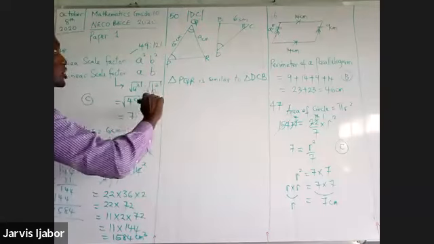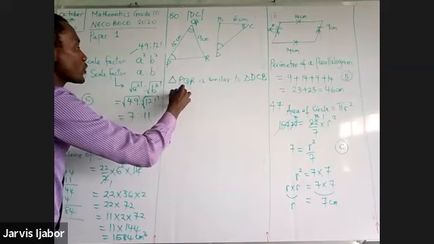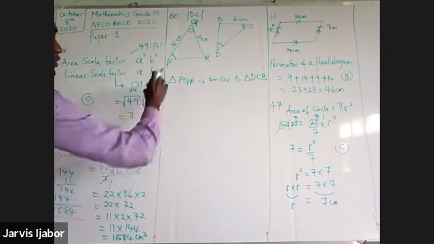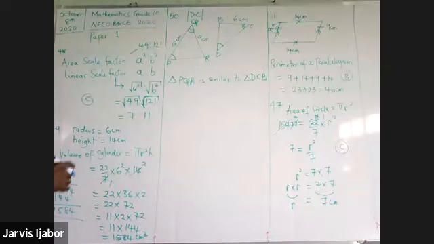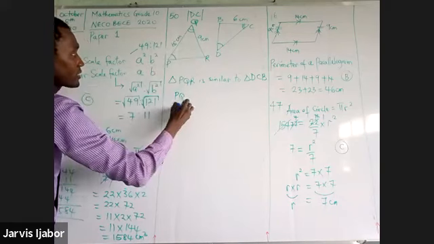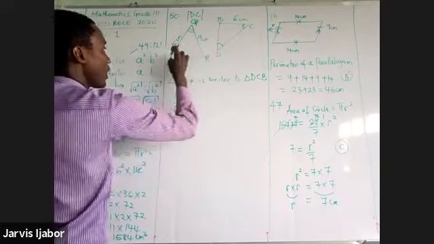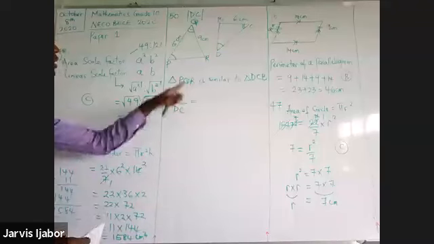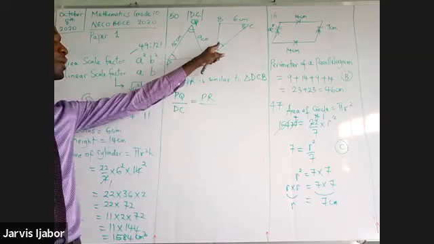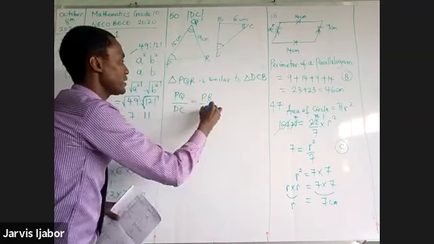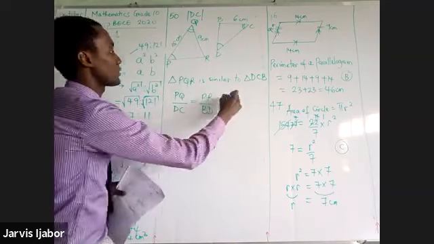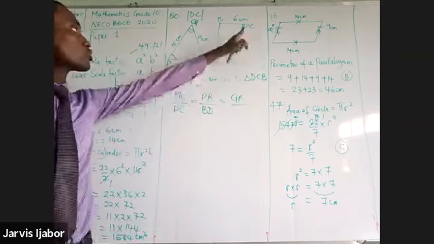So by that similar arrangement, there is something we should know about similar triangles. The sides bear a ratio to themselves. So it means that PQ over DC, 1 marker, 2 marker, is equal to PR over BD, 1 marker, no marker, is equal to QR over BC, 2 markers, 1 marker.